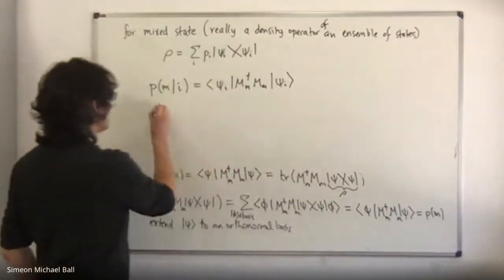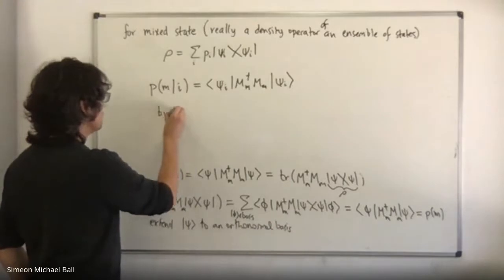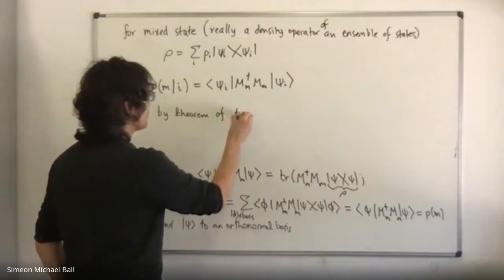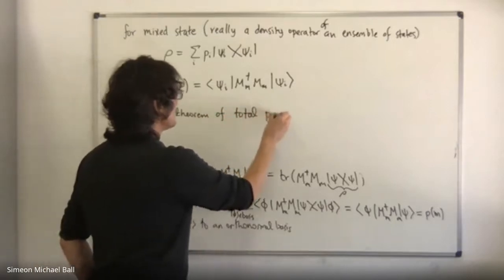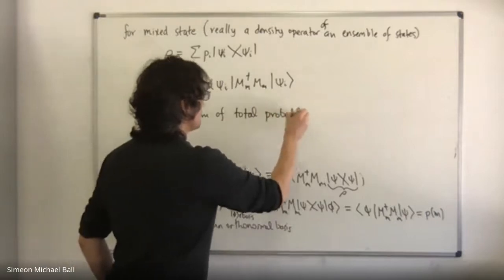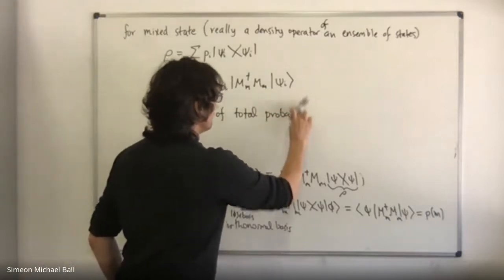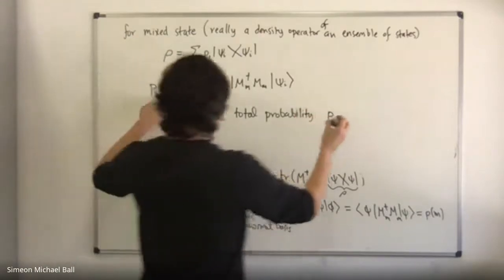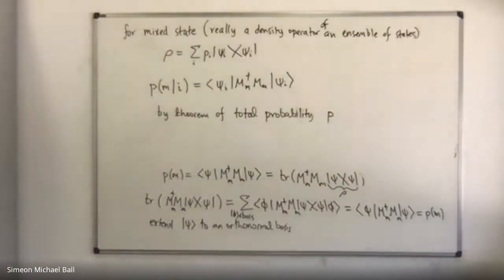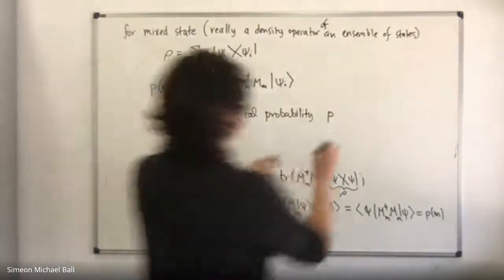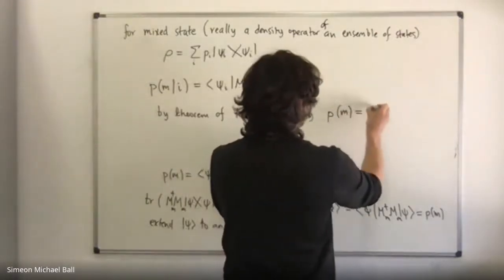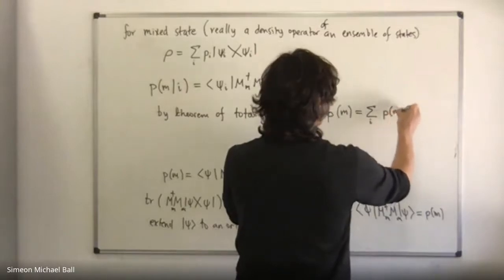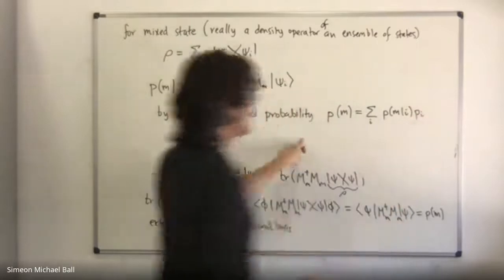By the law of total probability, P of m should be the sum over i of P of m given i times p_i.